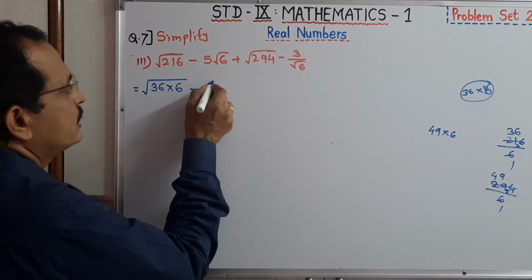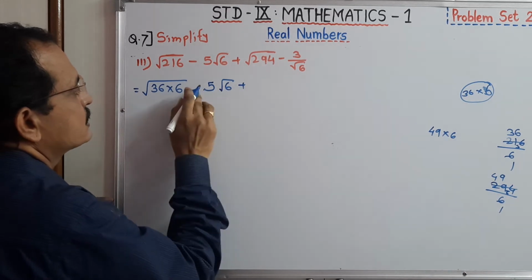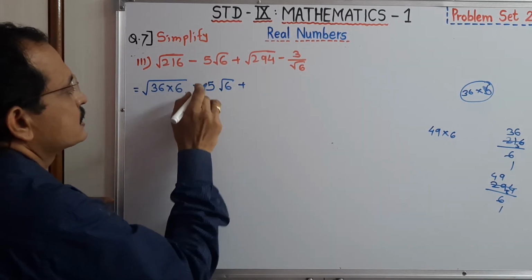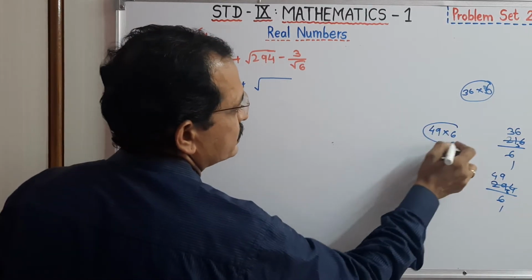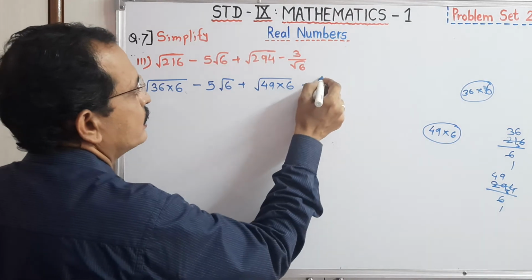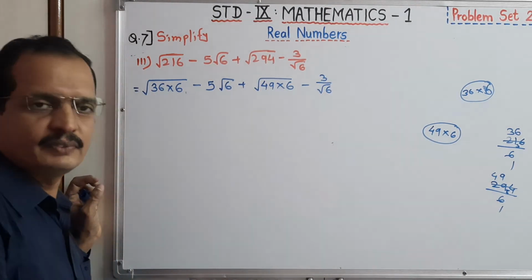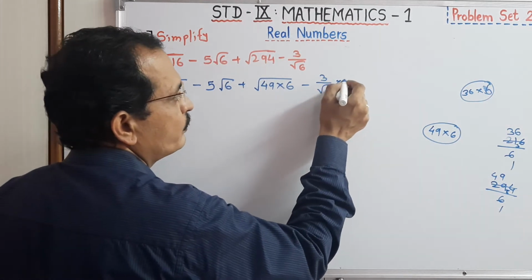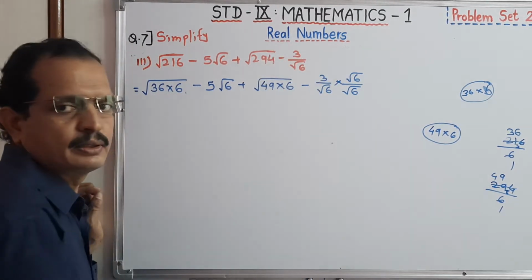Now again this 5 root 6 as it is, plus this 294 means 49 into 6. And dear student, what do we have to do here? Yes, correct. We have to multiply with root 6 and divide with root 6.